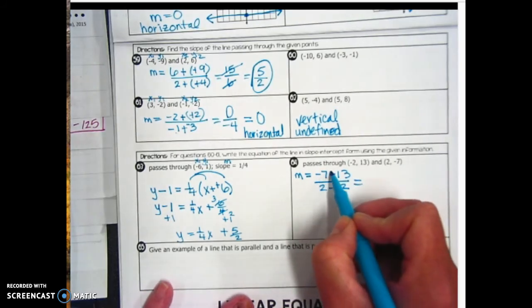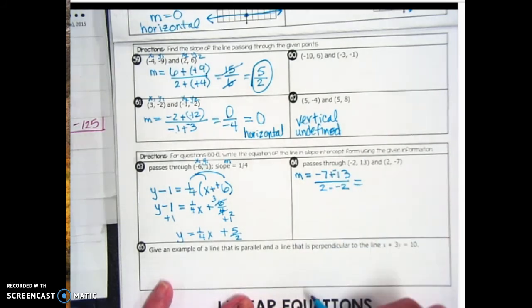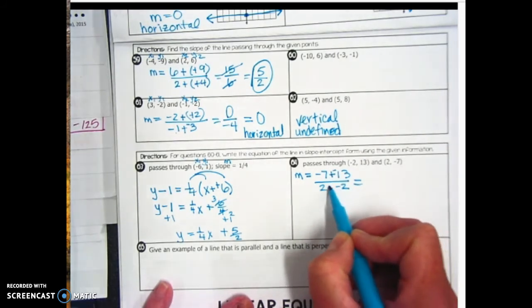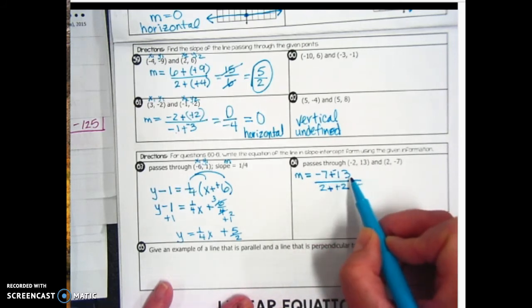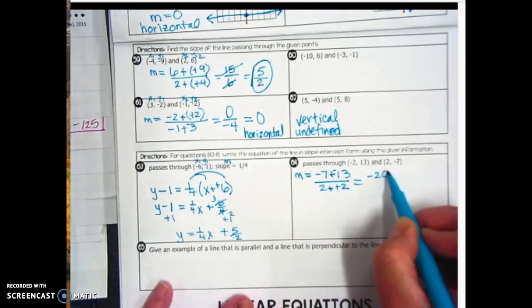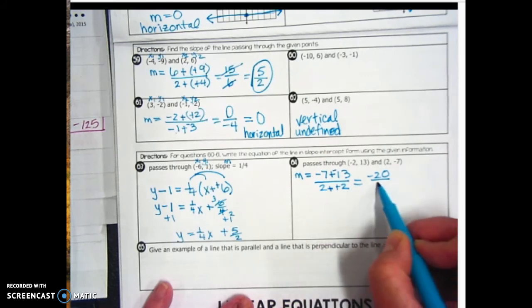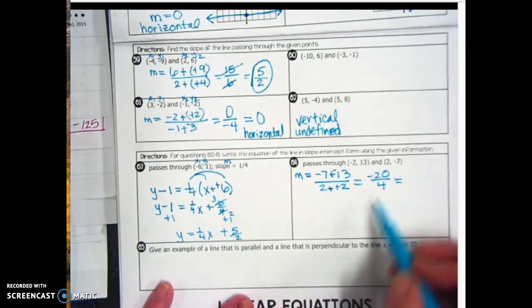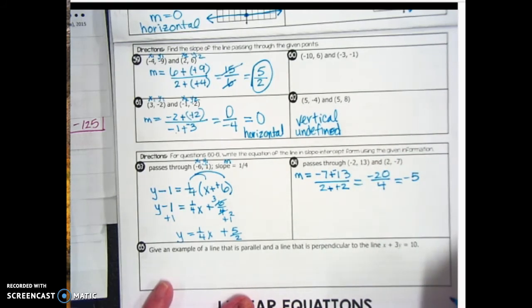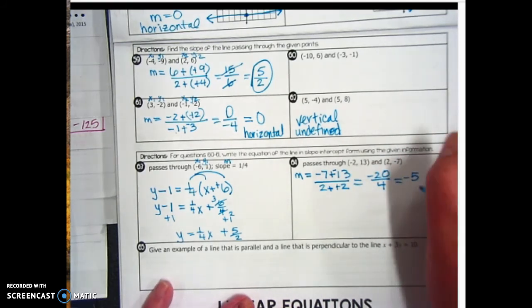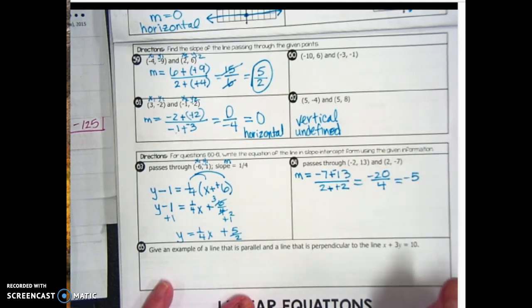So I'm going to change this to say plus -13. And we have a minus and negative, so I'm going to say plus plus. So -7 plus -13 is -20. And 2 plus 2 is 4. So 4 goes into -20, -5 times. So that's our slope. You can write it like that, or you can put a 1 in the denominator.